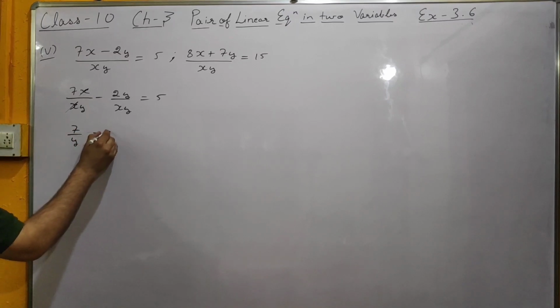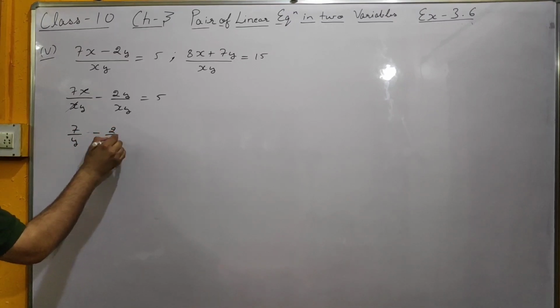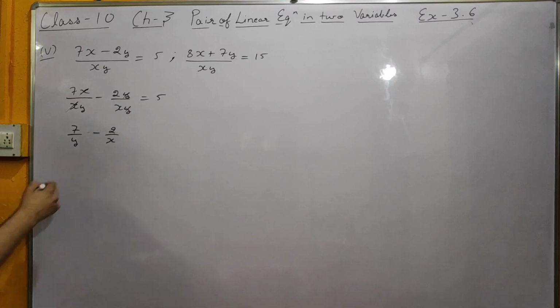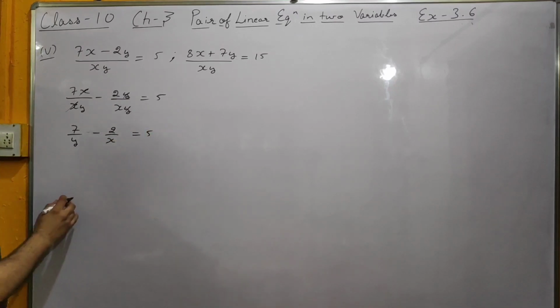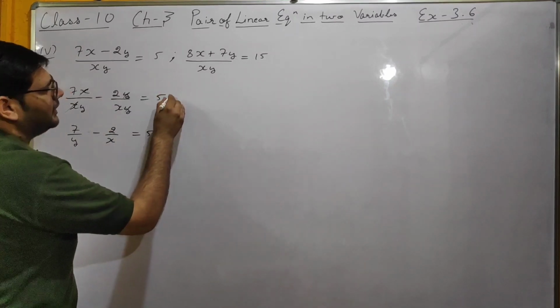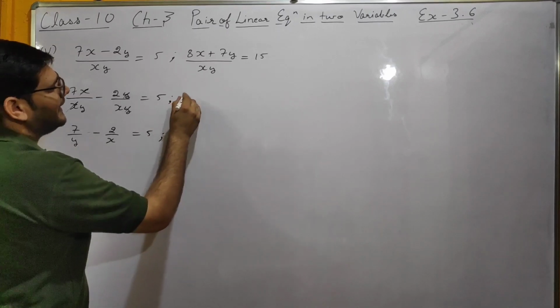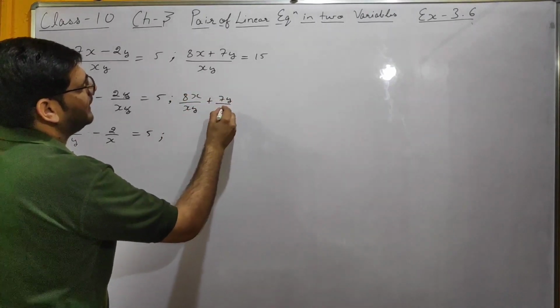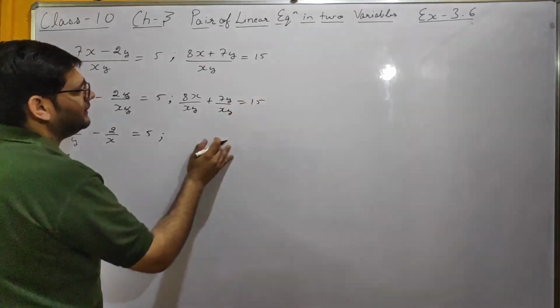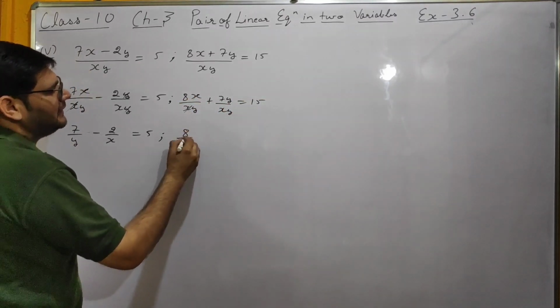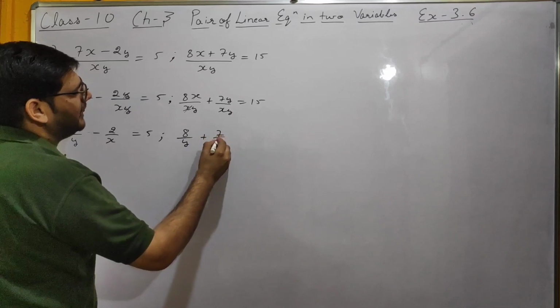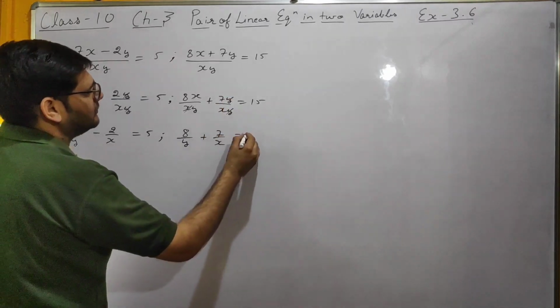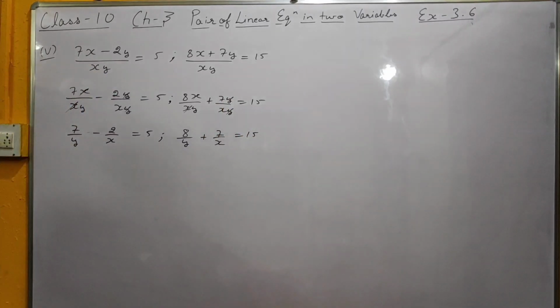Then minus 2 by x is left because y will be cancelled, equals to 5. Similarly, here also 8x by xy plus 7y by xy equals to 15. X cancelled. 8 by y plus 7 by x, y cancelled, equals to 15.